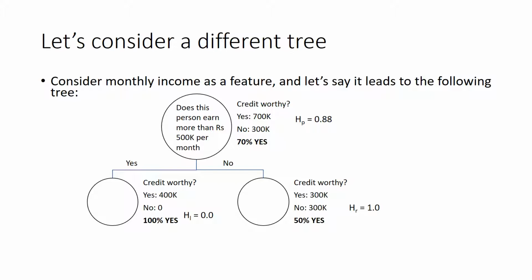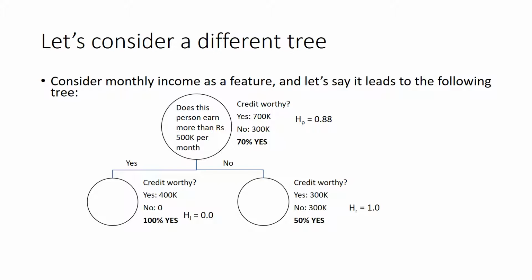And I think it's still a good split because my left child and right child are comparable in their sizes. The left child has 400K and the right child has 600K records. So it's still kind of an even split. The left child's entropy has vanished to 0. Great. But the right child's entropy has actually increased.